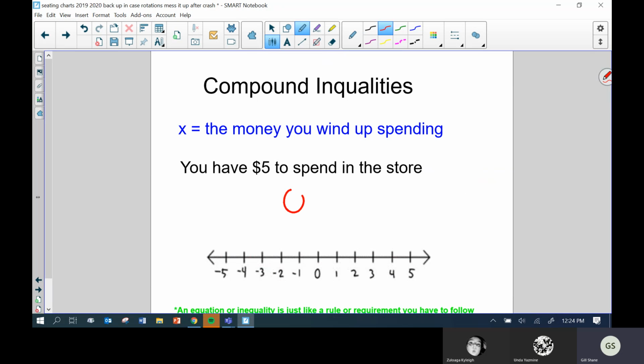So our real equation was this, which means our graph would have actually been this. So that's what our real graph is.